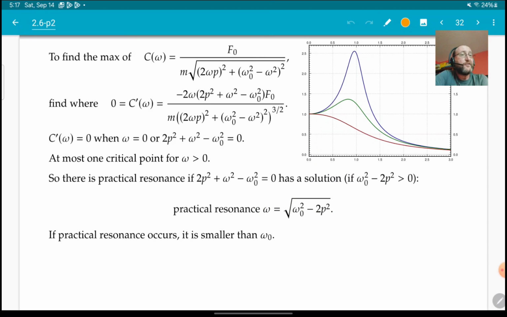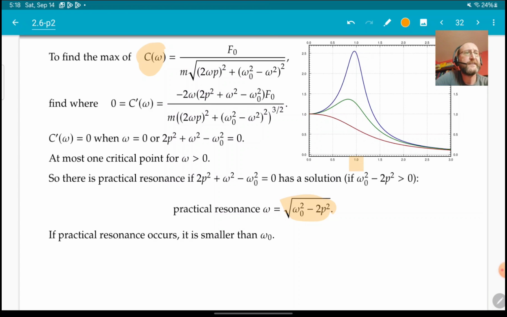If we look at this expression, we can see a couple of things. First, if it occurs, it's less than omega naught. So if you're bigger than omega naught, the C of omega is not as big as it can be. So if practical resonance occurs, it's before omega naught.